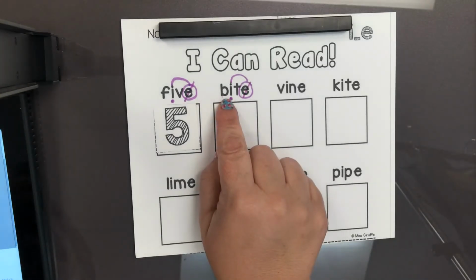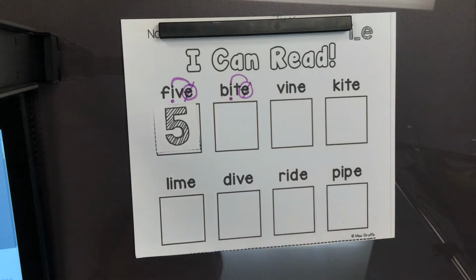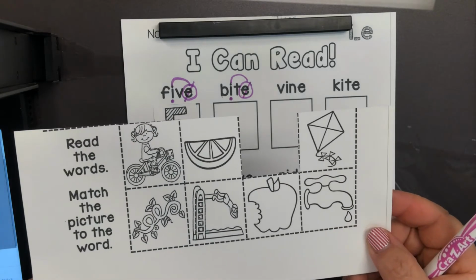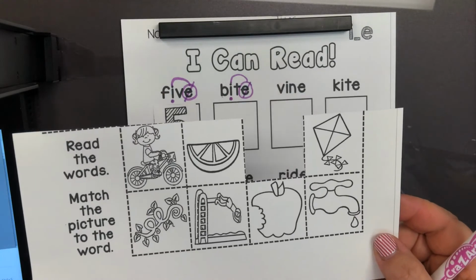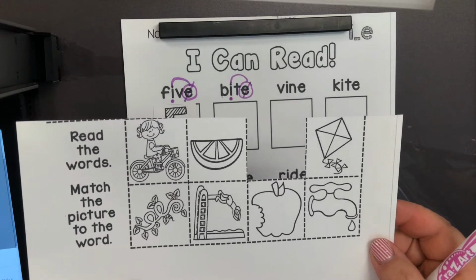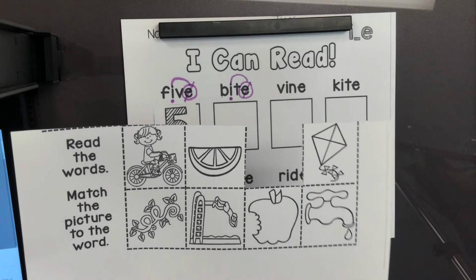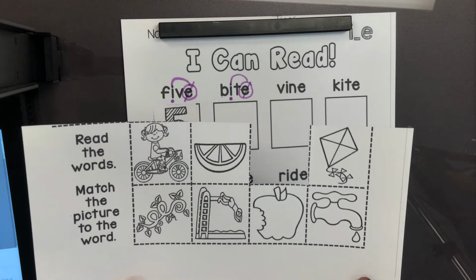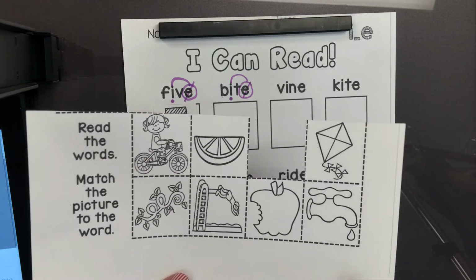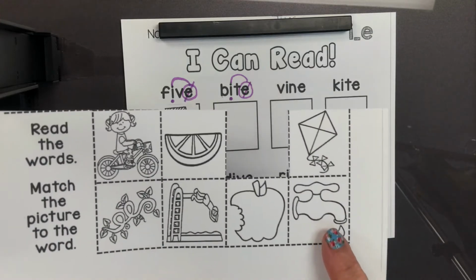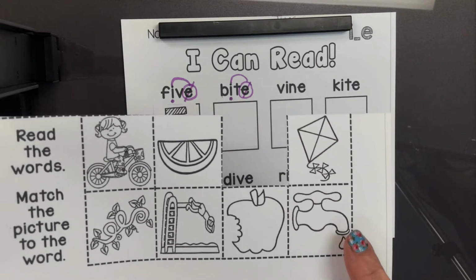This word is bite. Let's look at our pictures and find the picture that shows bite. Do you see a bite? Is it on the top or the bottom? It's on the bottom. It is between dive and pipe.